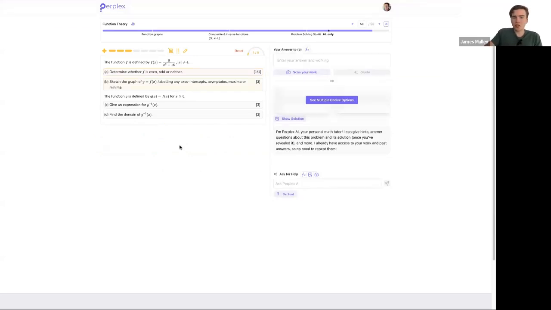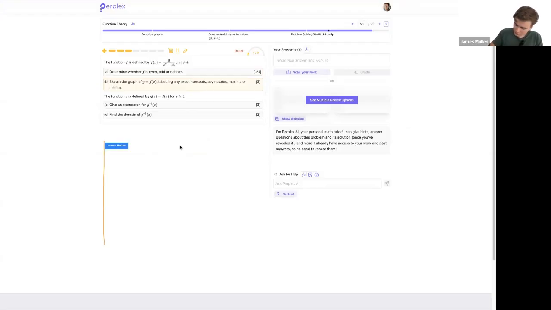Part B, sketch the graph of y equals f of x, labeling any axes, intercepts, asymptotes, maxima, or minima. Okay, so let's think first about x squared minus 16, which is a concave up parabola that has a minimum at negative 16.